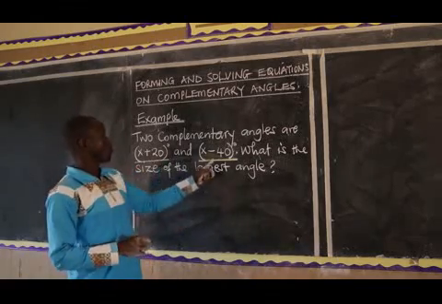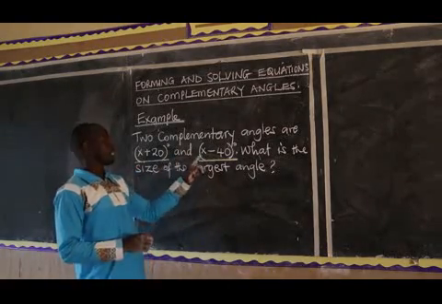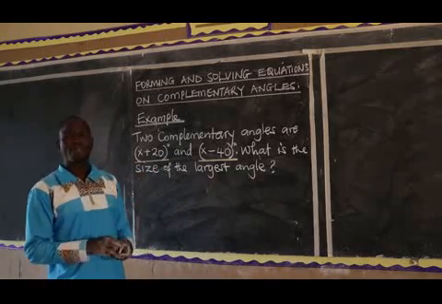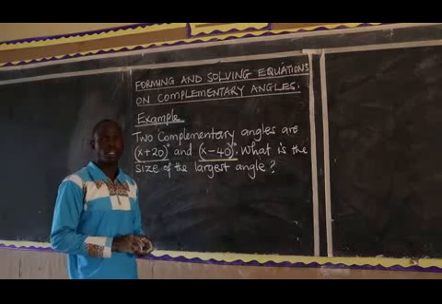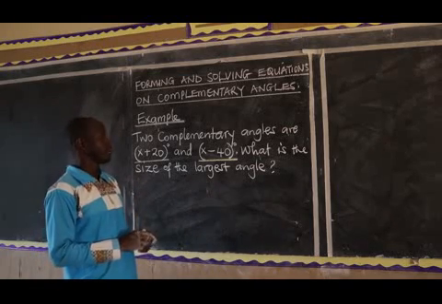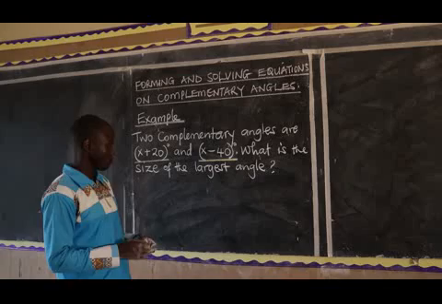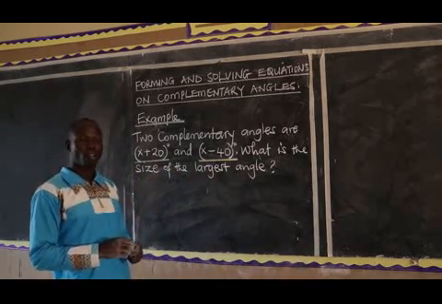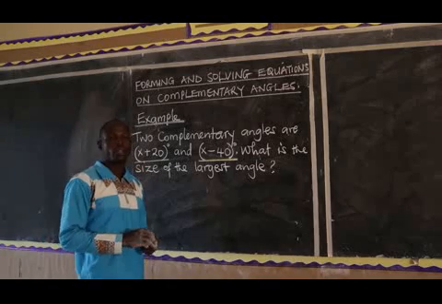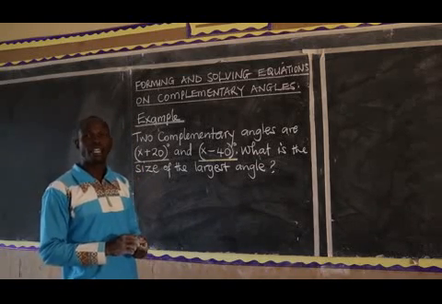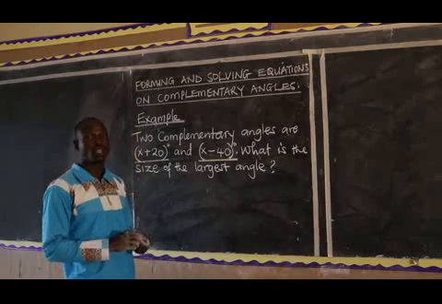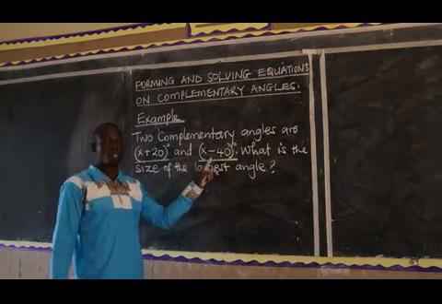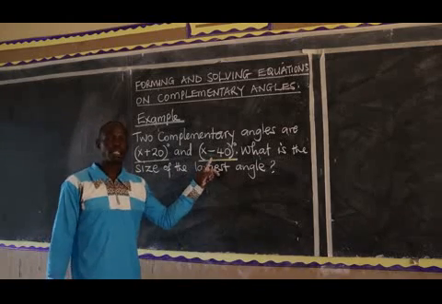Now, since the two angles which are complementary are in the question, but having unknowns, the first thing we begin with is to find the value of the unknown. However, when we're finding the value of the unknown, we have to follow the principle of adding complementary angles, which states that when you add these two complementary angles, the sum will be 90 degrees.